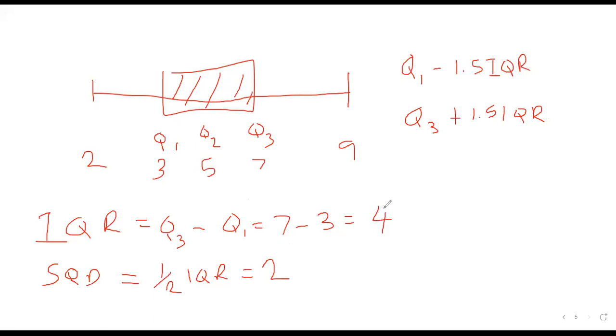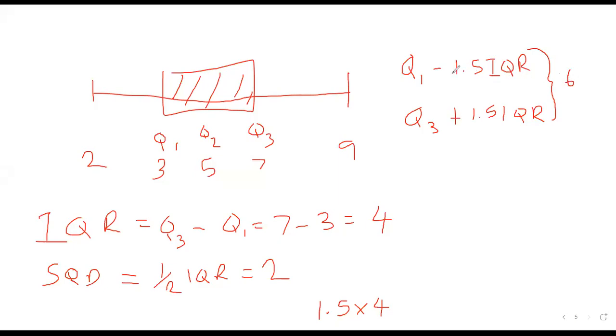So 1.5 times 4. What is 1.5 times 4? 6, isn't it? So the correction term is 6.